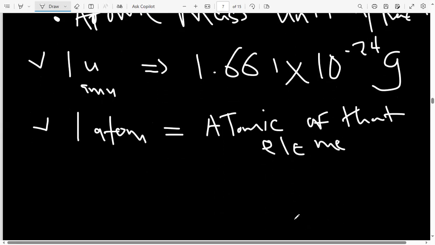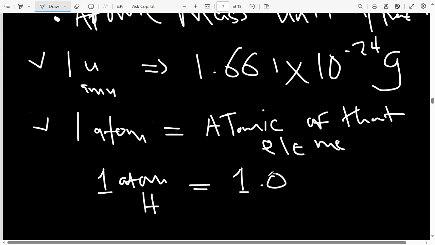Okay, so what do we mean by this? It means that if I have one atom of, let's say, hydrogen, it will have a mass that is equal to the atomic mass of this element. And we know that the atomic mass for hydrogen is just 1 point something, right?